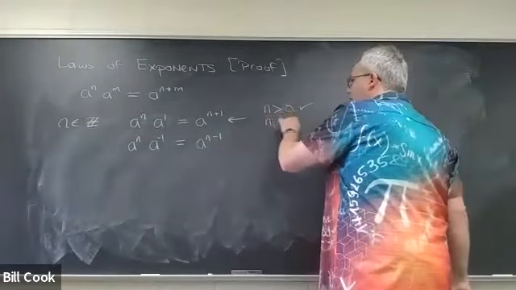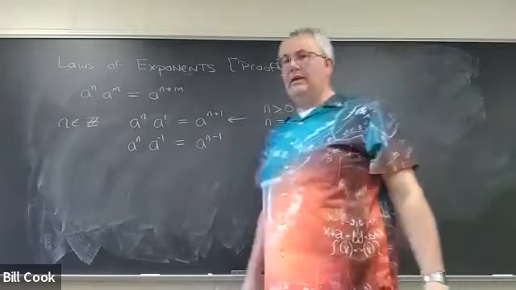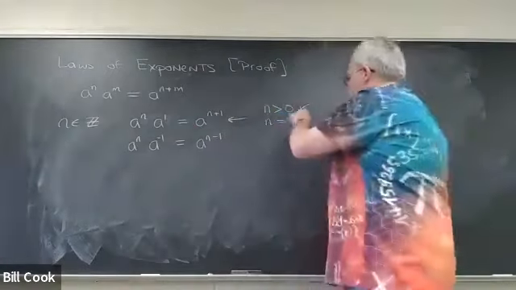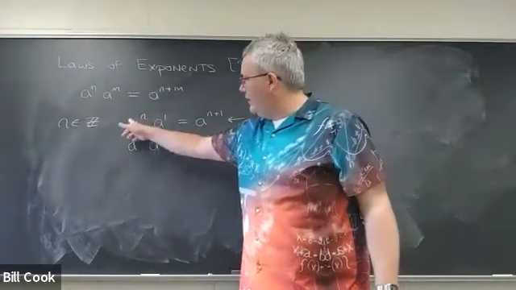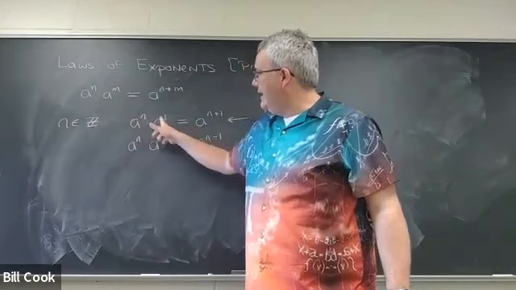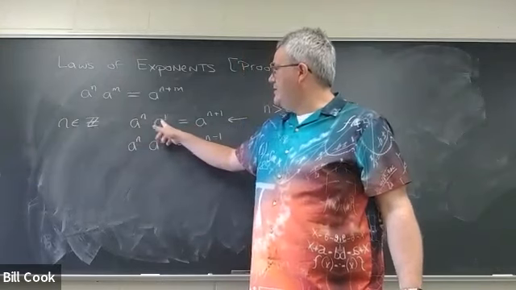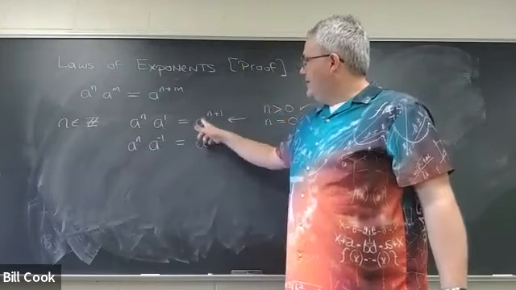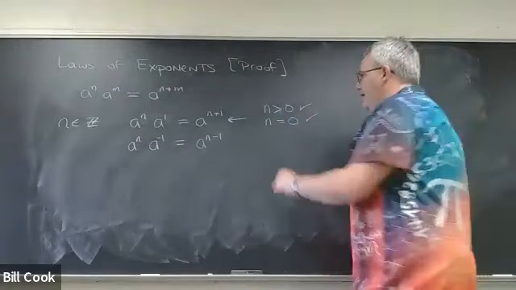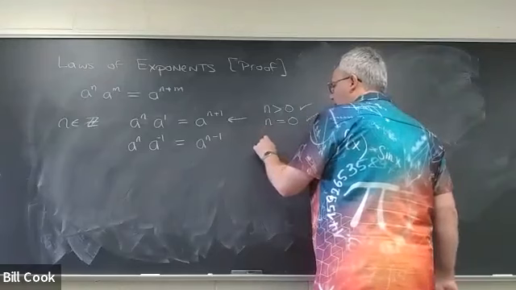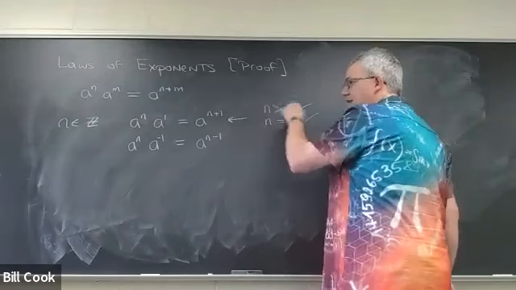For n equals 0, well, again, check. That's just a law of exponents that we've already proven. In particular, if n is 0, this is the identity times a, which is just a, which is the same thing as a to the 0 plus 1, or a to the first power. So we're good there. The case that we need to worry about is when n is negative.